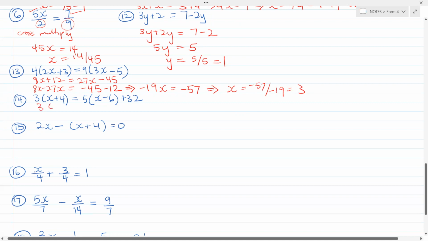We go again, 3x plus 12 is equal to 5x minus 30. So the distribution stops there, and we just put plus 32.